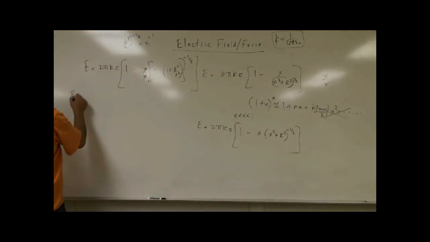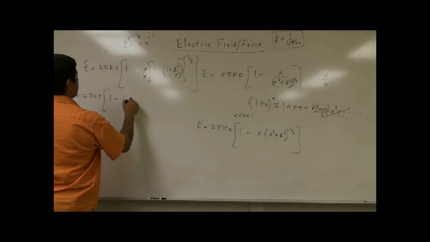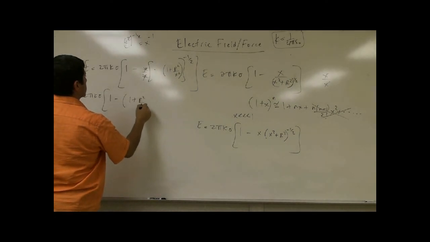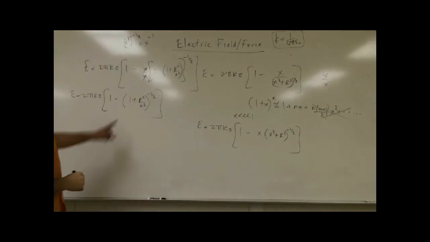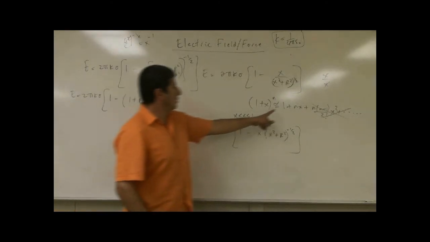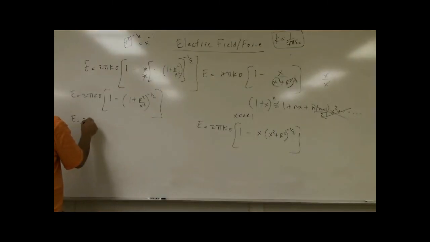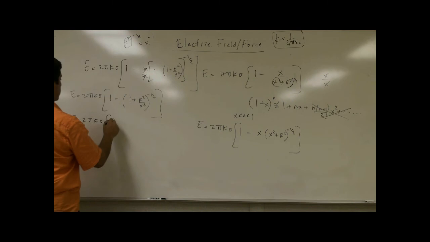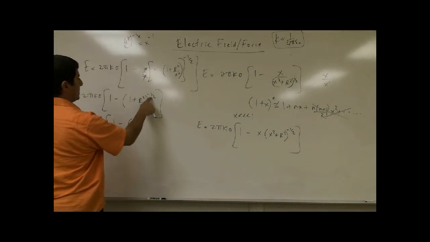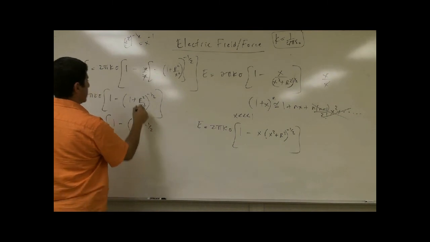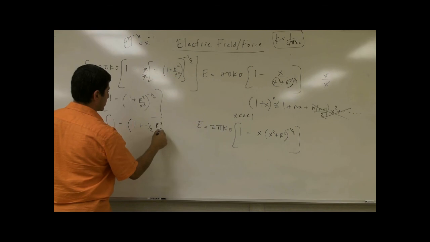So I have E equals 2 pi k sigma times 1 minus 1 plus r squared over x squared to the negative 1/2 power, right? Now I can say this is equal to 1 plus nx, 1 plus, and then n is negative half, and x is itself, r squared over x squared.